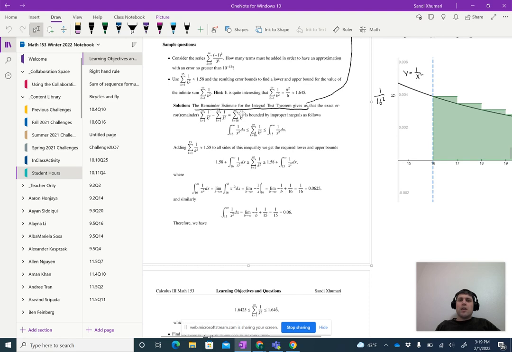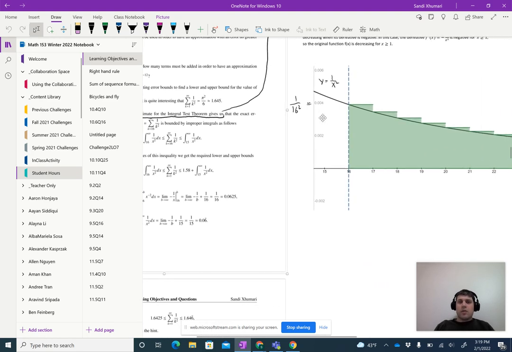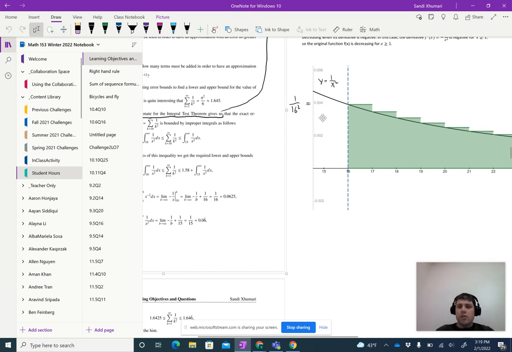If we can bound that, say between A and B, so in theory, if I know that this sum, let's just call it the error, is bounded between two numbers A and B.